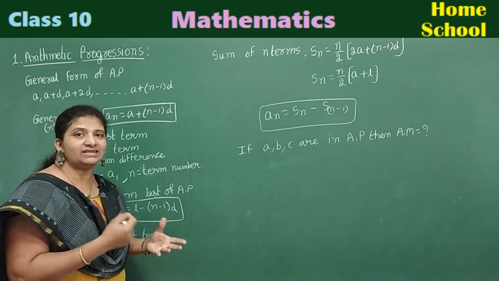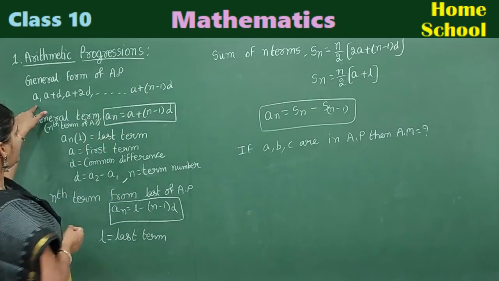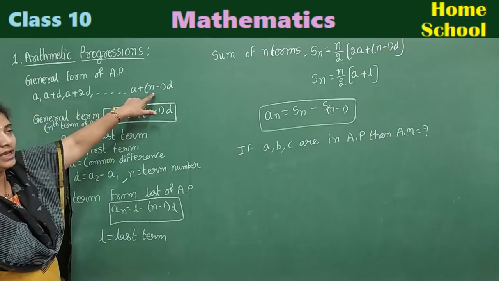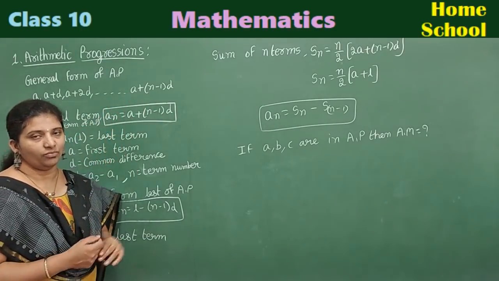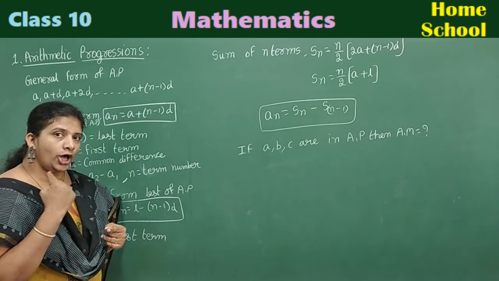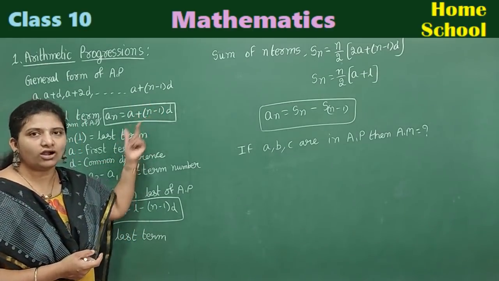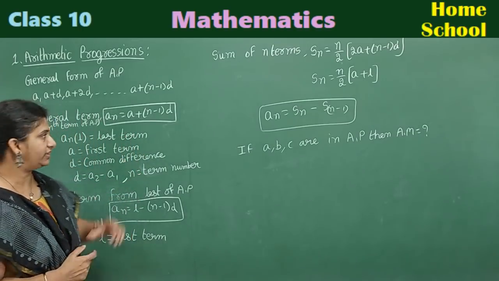Why? We don't know the last number, so we can write it as nth term. A1, A2, A3, so on up to An. This is your general form, and this last term we call the nth term or last term, and this is called the general term of arithmetic progression.